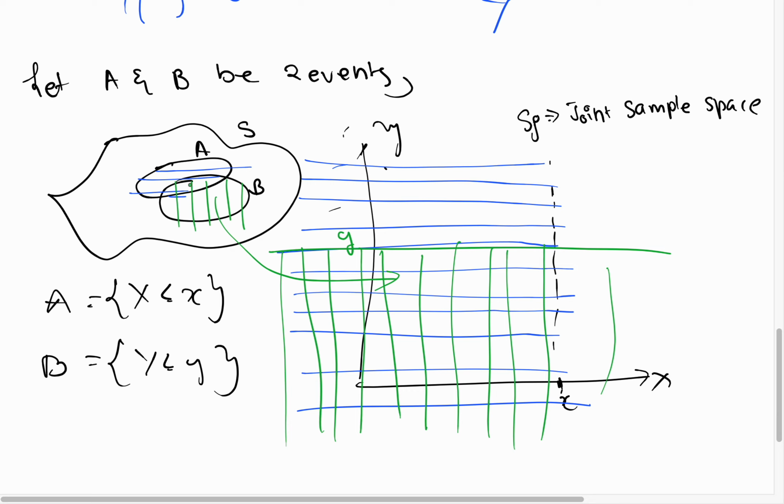The intersection here, that is A intersection B, is nothing but this common area that we are trying to show.